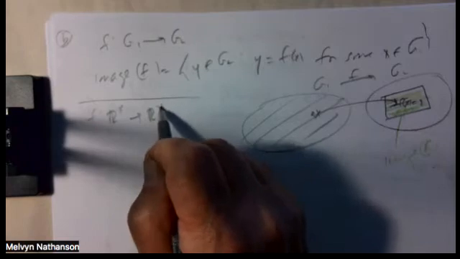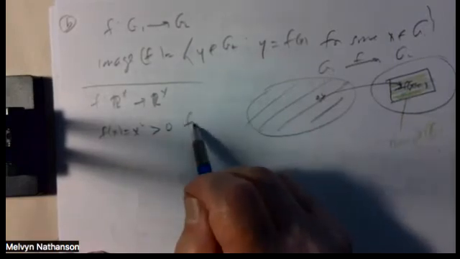So we have to find the image of f for our function defined by f of x equals x squared. And what can we say? Well, first of all, x squared is positive for all x in R star. That is, if you take a non-zero number and square it, you get a positive number.